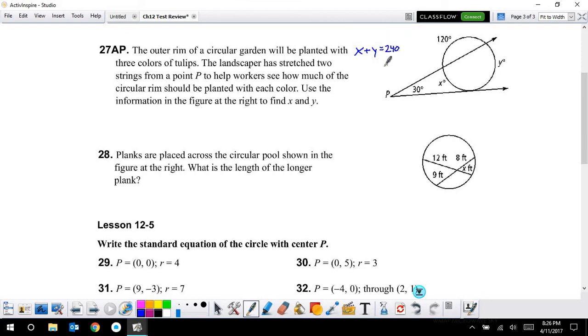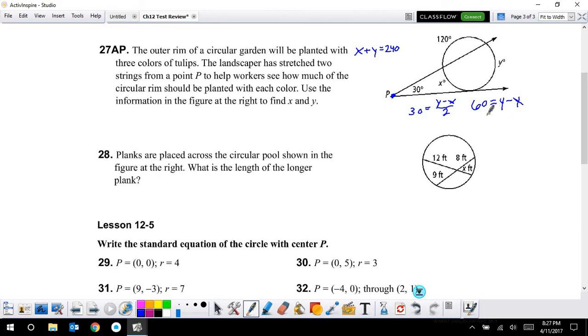That's one equation. Well then, if 30 degrees is the angle outside the circle, we know that the angle 30 is going to be big arc y minus little arc x divided by 2, which means that 60 is going to be y minus x.